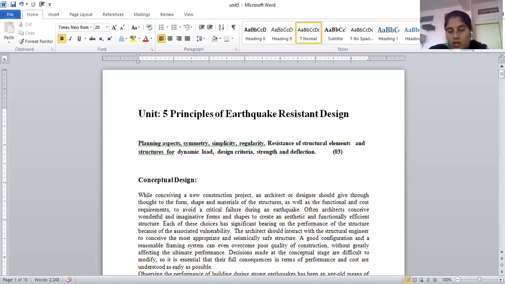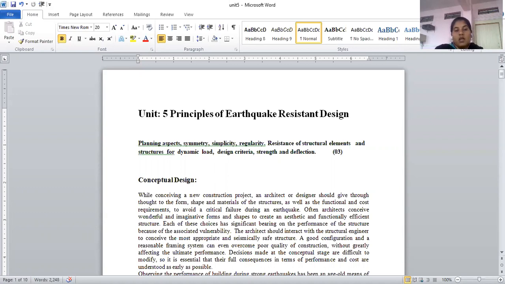Whatever type of soil there is, that soil should resist the forces coming from the structure on the earth. So soil properties should also be good. These are all the parameters of the overall form of the structure, while considering the principles of earthquake resistant design, aspect number one, the overall form of building. I hope all of you have understood.